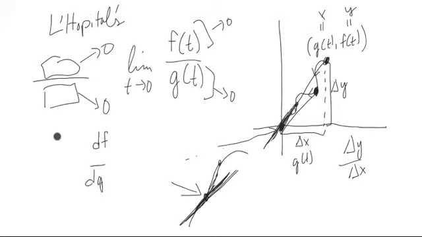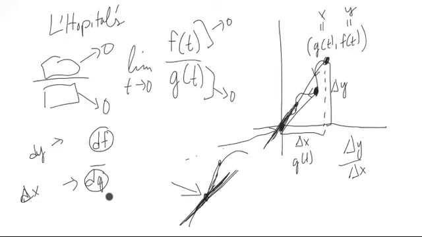Because how much f is changing, that's how much y is changing, and how much g is changing, that's how much x is changing, right? Kind of like our dx and our df. So we want a ratio of these two. Think about df as being like the rise of the output on the tangent line of f with respect to t, and similarly for g.